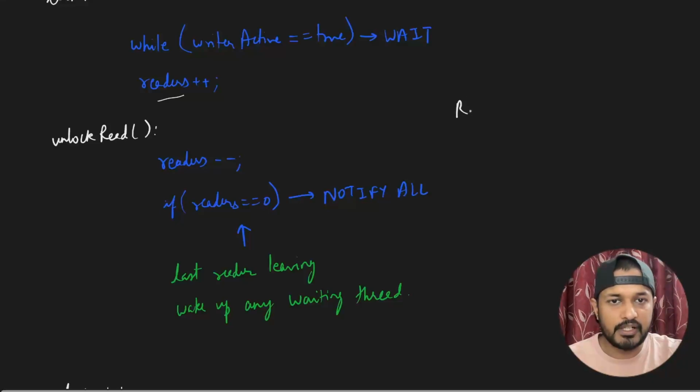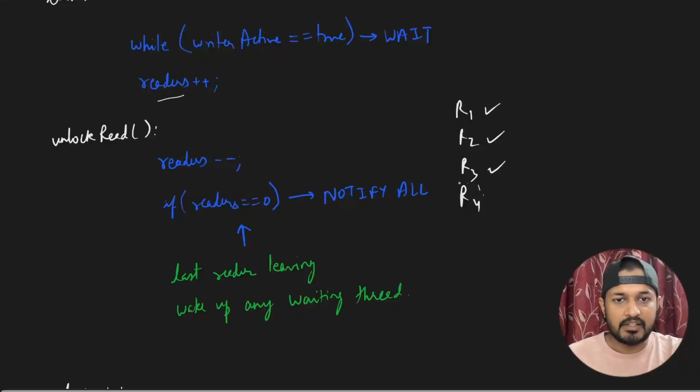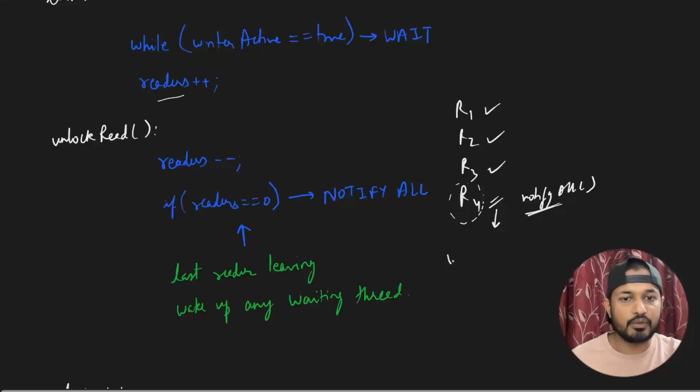So if there are 4 readers, R1, R2, R3, R4, R1 has finished reading, R2 has finished reading, R3 has finished reading. If it is the last reader which has finished reading, what we will do? We will go ahead and call notify all, right? So all the sleeping threads, including the writer's thread, will wake up, check their condition, whether it is safe to write or not, and then it can go ahead and write.